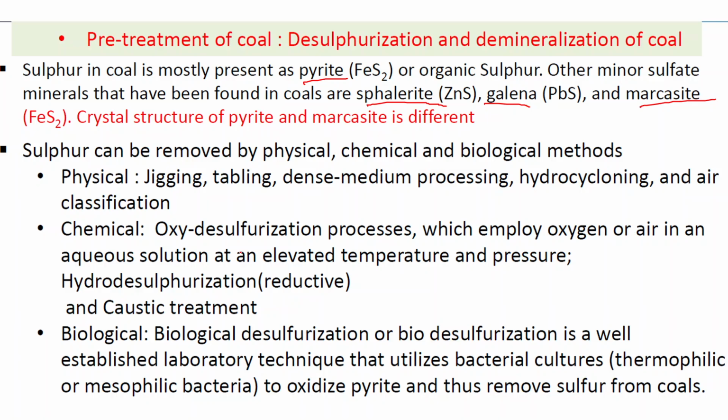There are three ways it can be reduced: a physical method, a chemical method, or a biological method. The physical method includes jigging, tabling, dense medium processing, hydrocyclonic, and air classification.